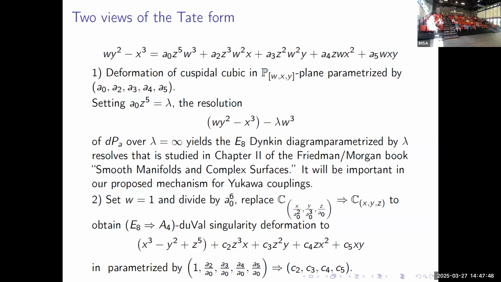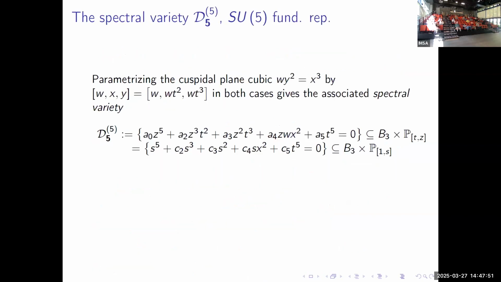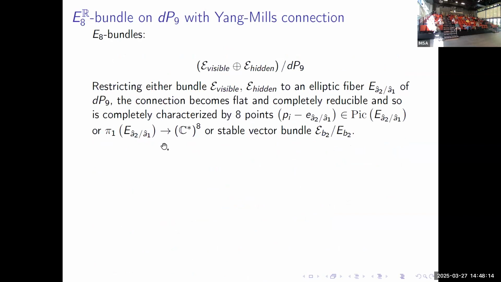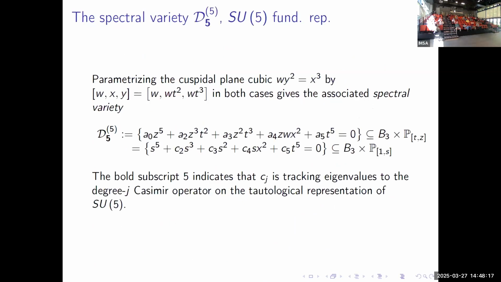And so if I parameterize the cusp by those t's, then the resulting equation is looking at where that family of cubic curves, the total space, has singularities.